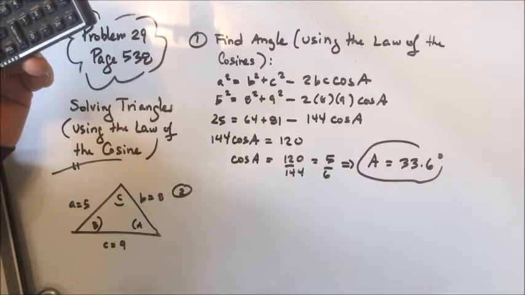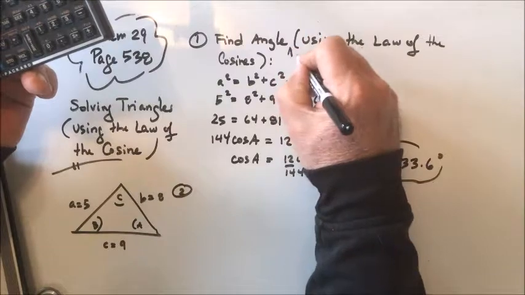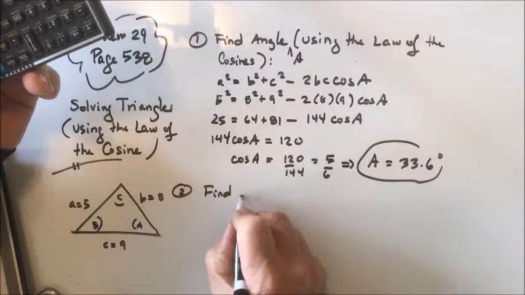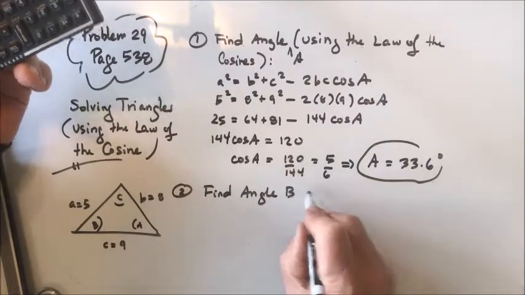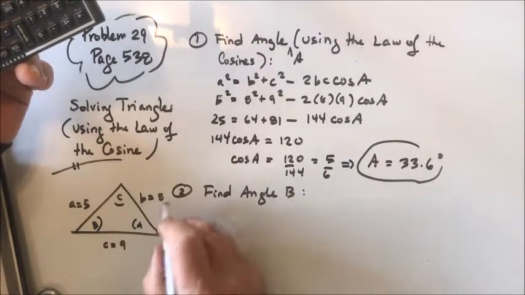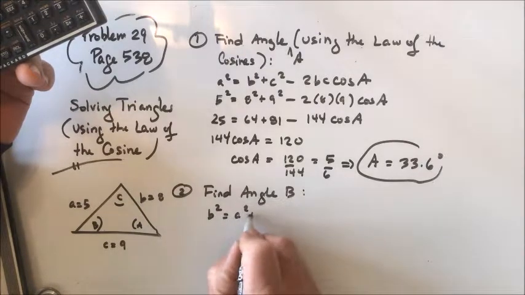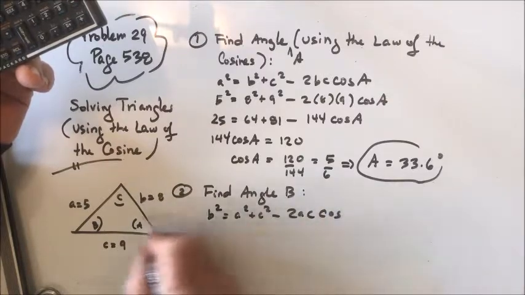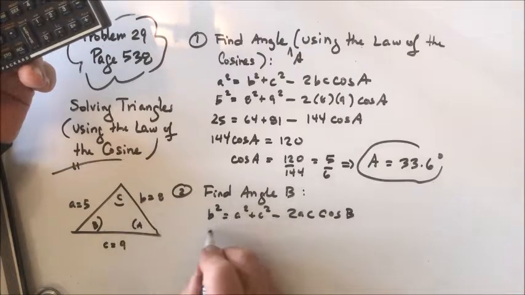Okay? Well, next, pick me an angle. Any angle. I think I heard you say let's find angle B. Doesn't matter. Okay, using the law of cosines. In this case, angle B is wrapped up in B squared is equal to A squared plus C squared minus 2AC cosine B. Let's put those values in.